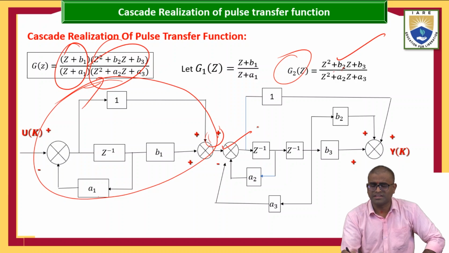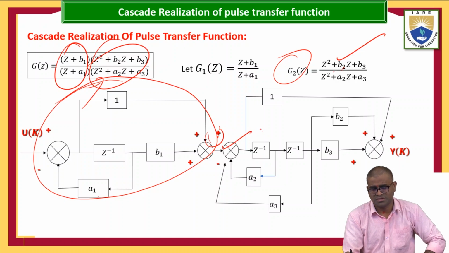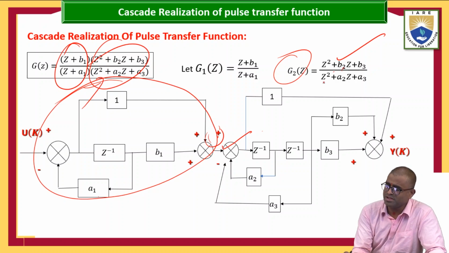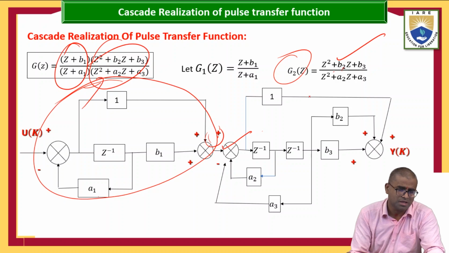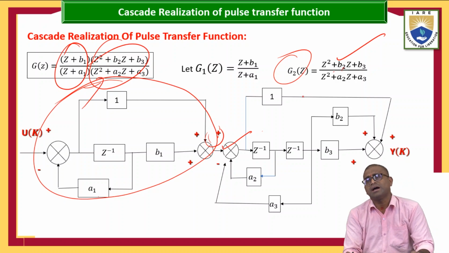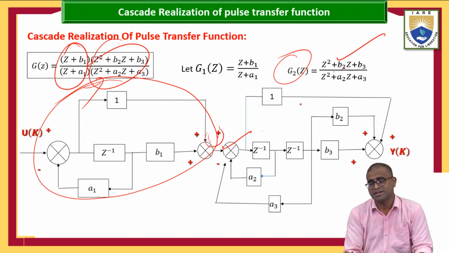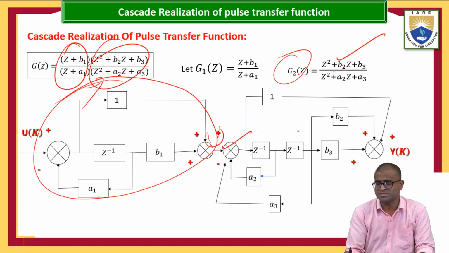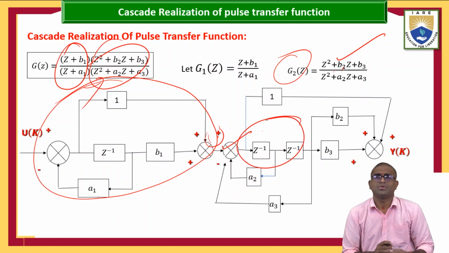Now draw the pulse transfer function for this second function. First of all, check the order of the system. Order is the highest power of Z. The order is 2, so in the pulse transfer function diagram we get Z inverse two times.